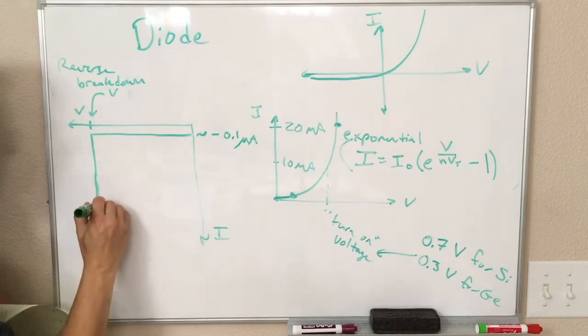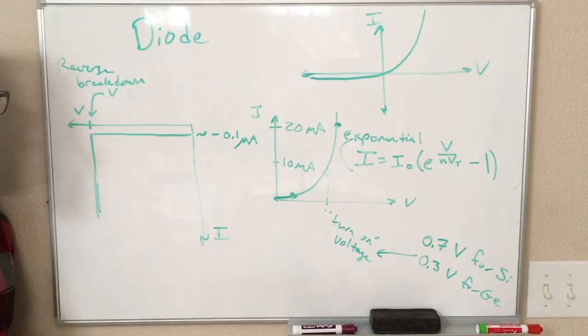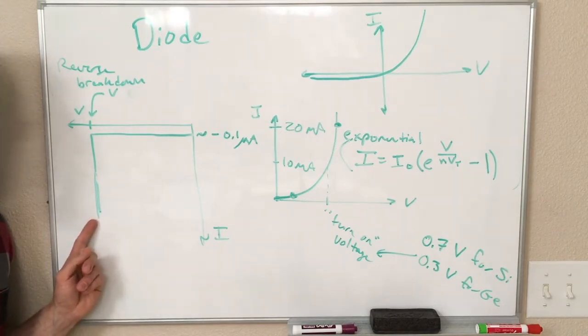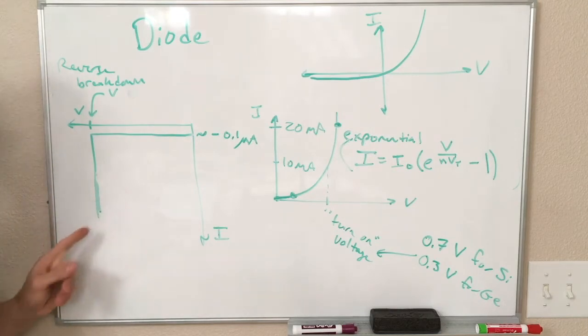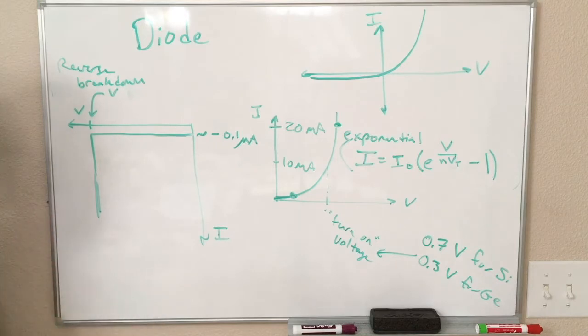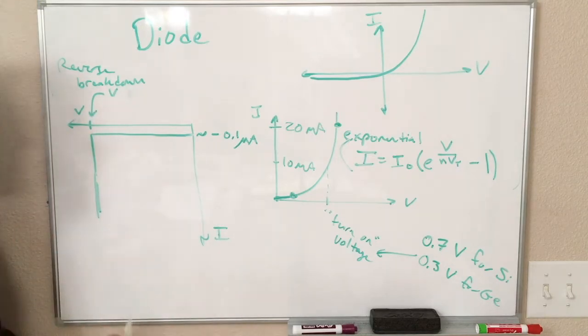Basically, you are breaking the inside of the diode, forcing it to conduct electricity in the opposite direction. This is often bad for diodes. They are not designed to work in this region. Some diodes are designed to work in this region, and more on that later. But in general, the reverse breakdown is something to avoid.